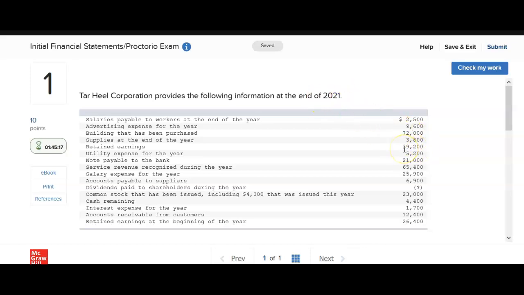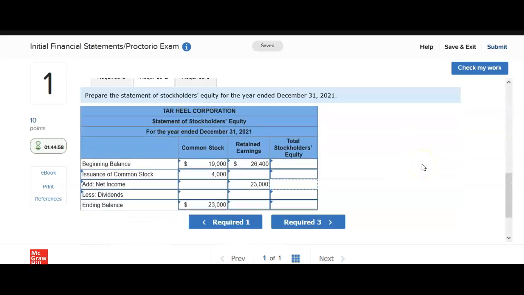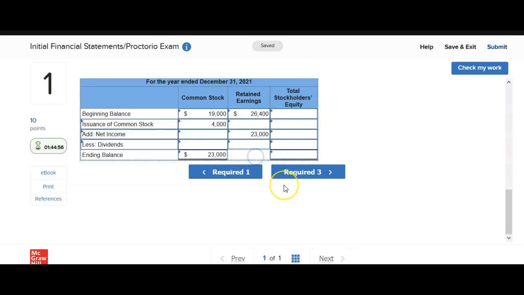This is the end of year balance for retained earnings. Now remember, we went to this one. This is the beginning of the year. They tell us this directly. Beginning of the year, the balance in retained earnings was $26,400. At the end of the year, it is $39,200. So now let's take the $39,200, drop it in right here.